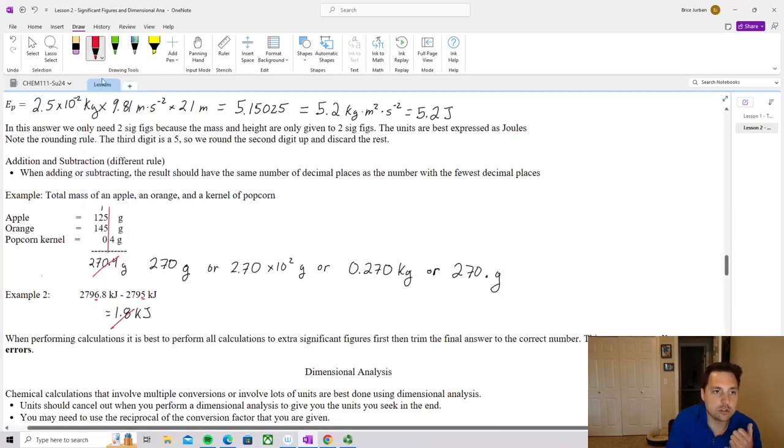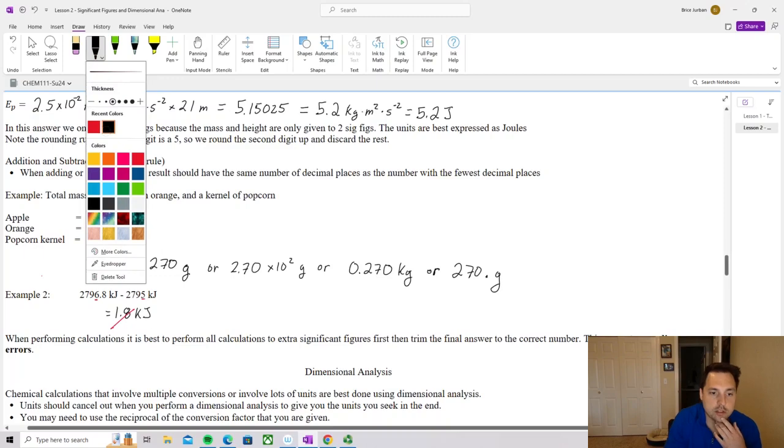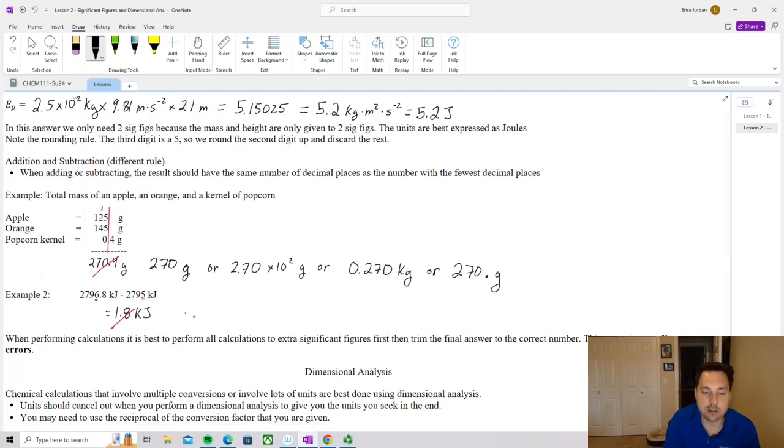We're going to look to the first insignificant digit, which would be the decimal point. That number is 5 or greater. So this should be reported as 2 kilojoules. Just 2. Not 2.0, just 2 kilojoules.